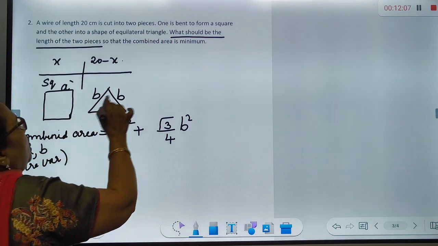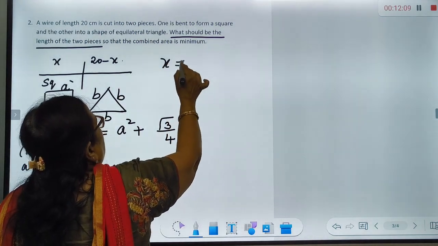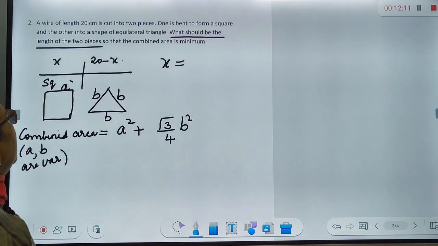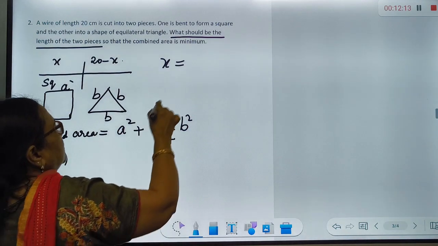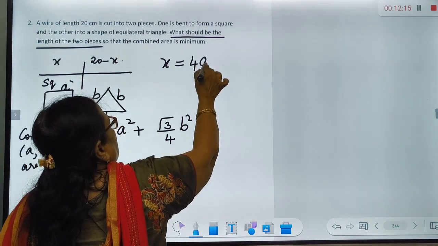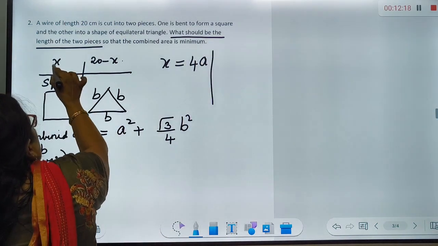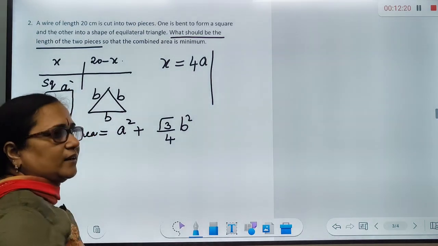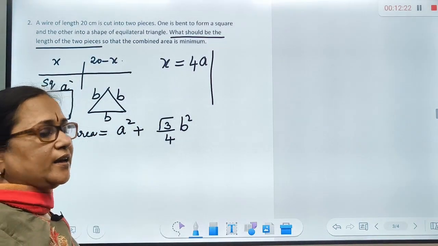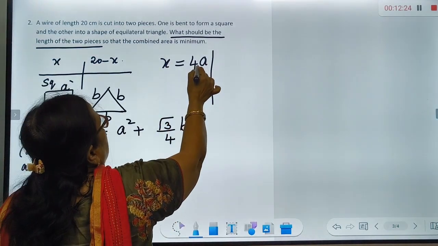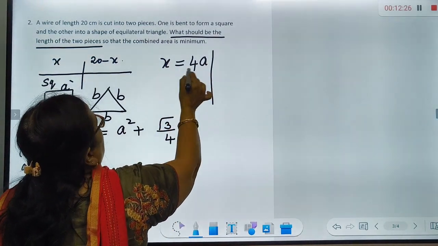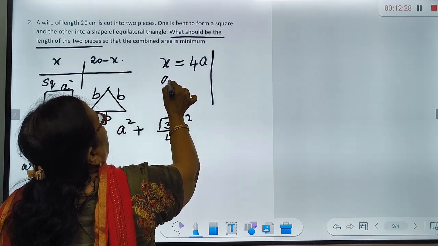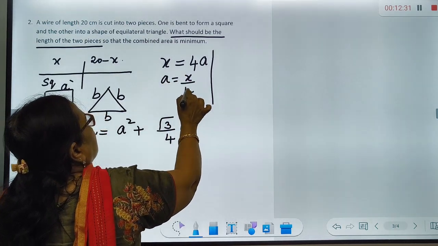Okay, but we know x is made into how many A's? 4A. Because x is what is bent into a square. The side of the square is A. So 4A is the perimeter of the square, right? So x is 4A. So A will be x by 4.